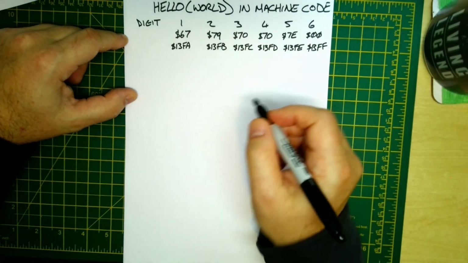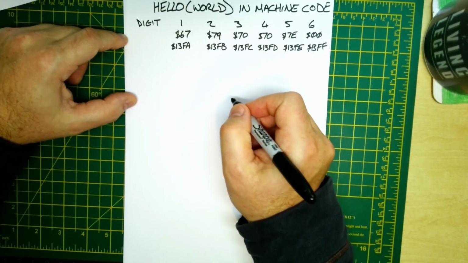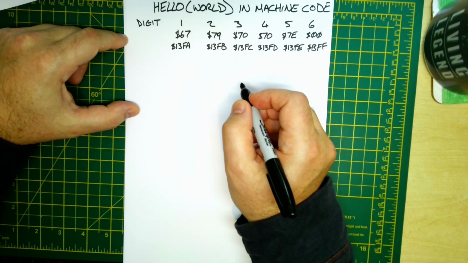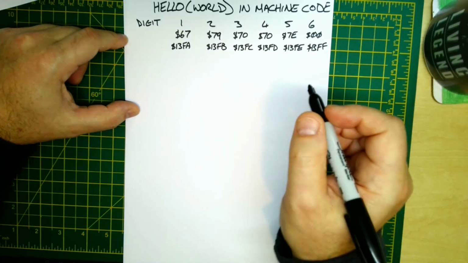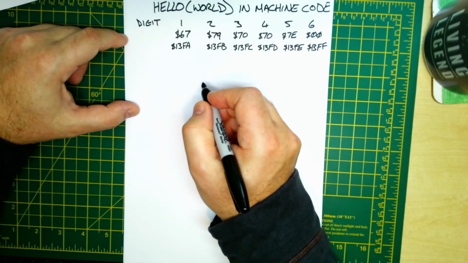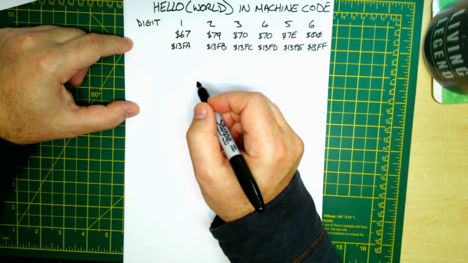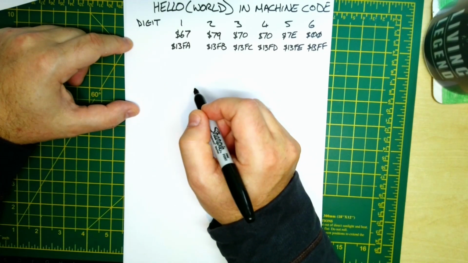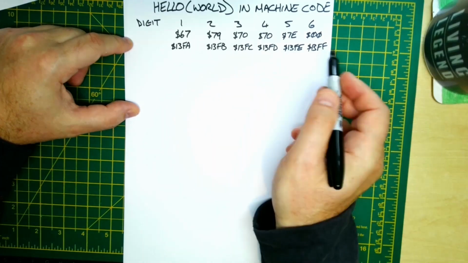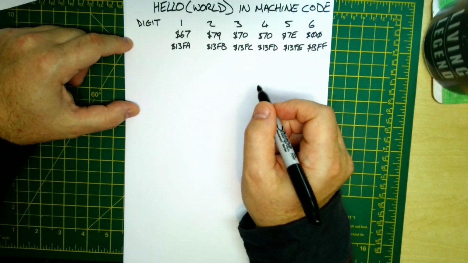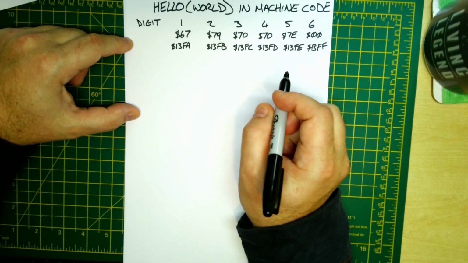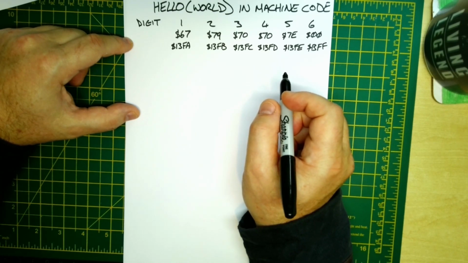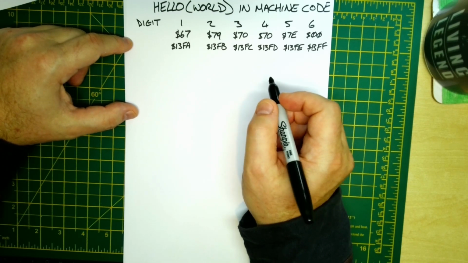First, we're going to load the character values into the A register, the accumulator, and then use that to store them out to the memory locations for each of the digits. Now we could do this in a loop, but we're going to keep it really simple to start with and just do it with hard-coded values. This is Hello World. We're not trying to boil the ocean here.